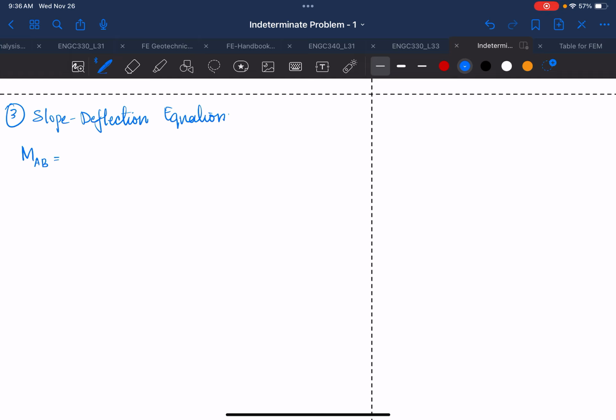MAB is equal to 2EI over L times (2 theta A plus theta B) minus 6EI over L squared delta, plus FEM, the fixed end moment for AB. And we are going to put all the values we don't know equal to 0, because there's no settlement, delta is equal to 0. And FEM for AB, it's an external pin support, so it's going to be 0.